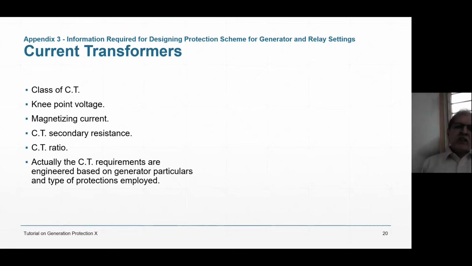Many other requirements come up while we discuss the different kinds of protection. Say for generator differential, we say that the knee point voltage is 2 times IF (RCT plus RL). Like that, many current requirements are there for CT, based on the type of protection.